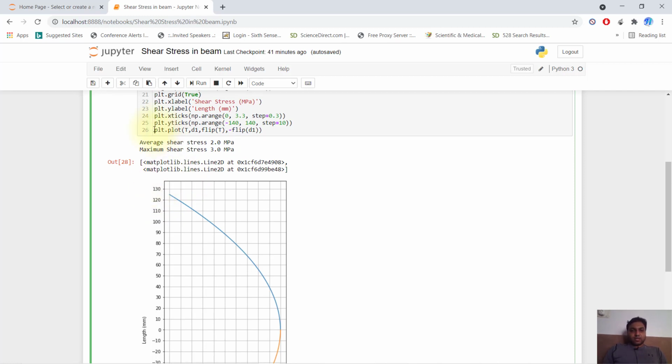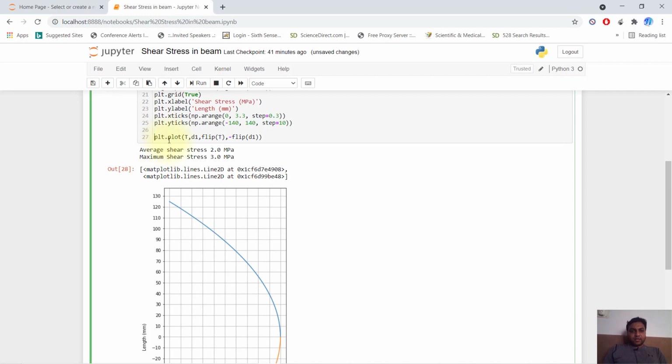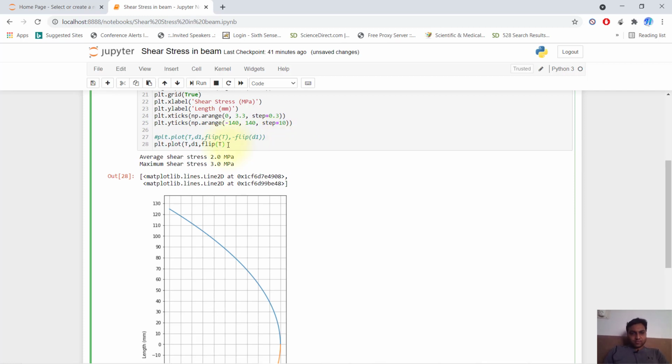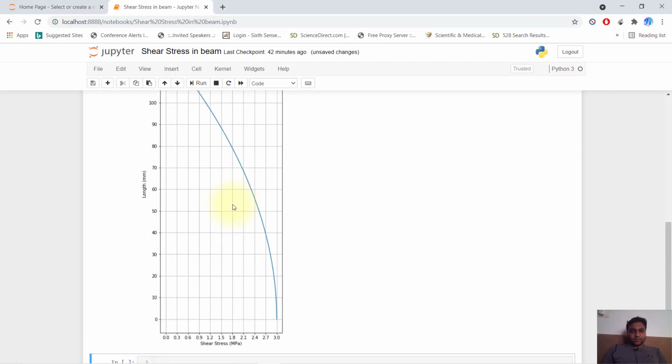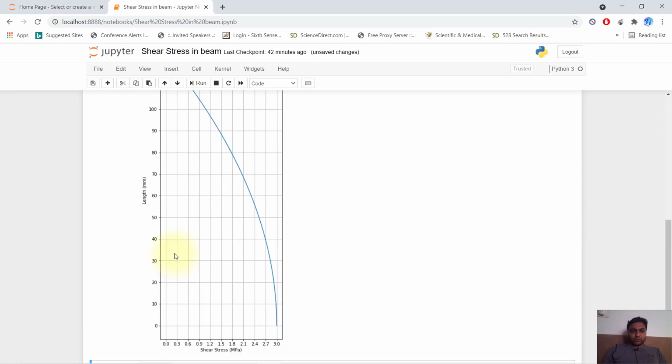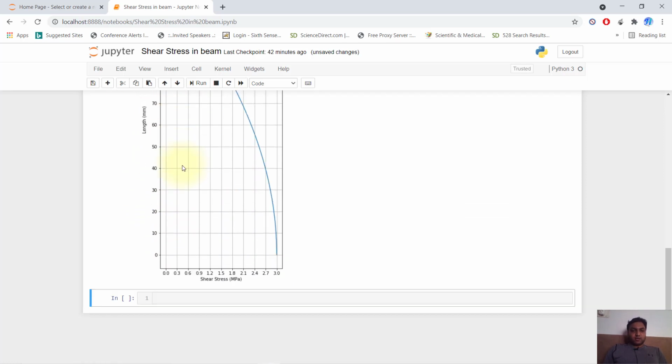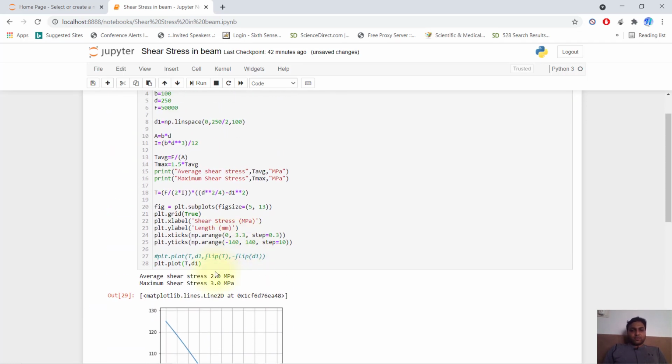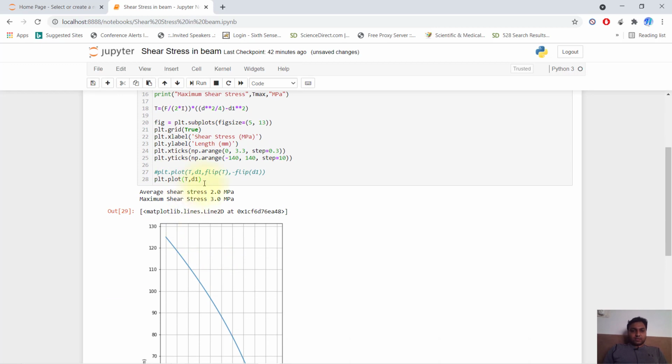Now this is tricky. So plt.plot t1, d1. If you run this code, it will only show 0 to 125 of the depth, lengthwise.